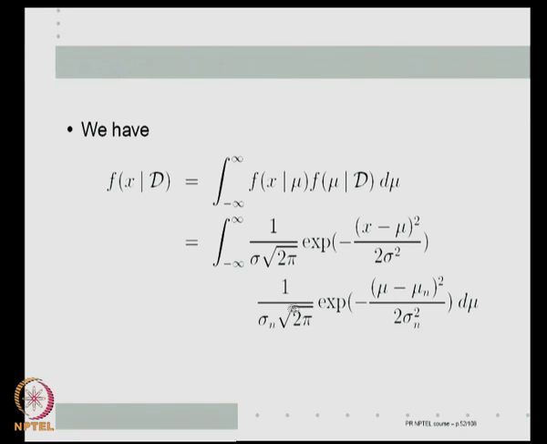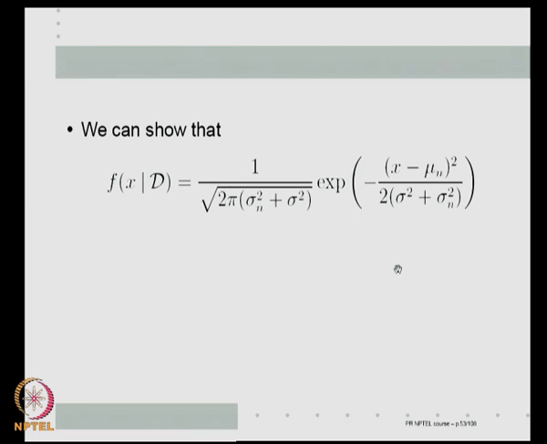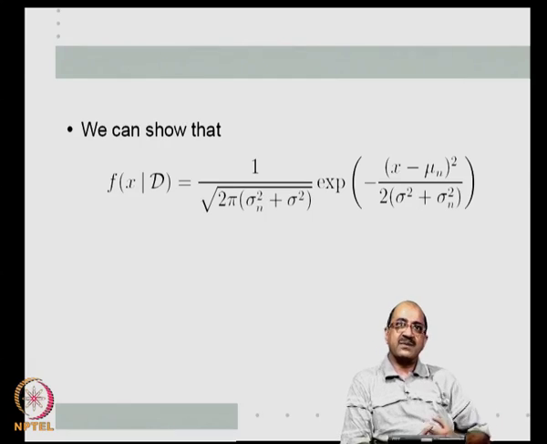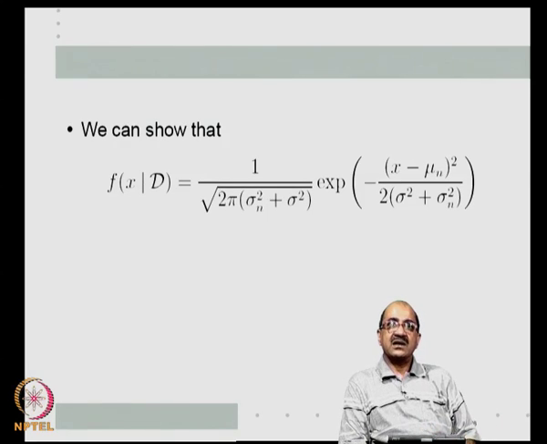You can at least see that there will be some simplifications possible by using the standard Gaussian integral. After a lot of lengthy algebra, one can actually crunch this integral and show that the expression turns out to be this, right.